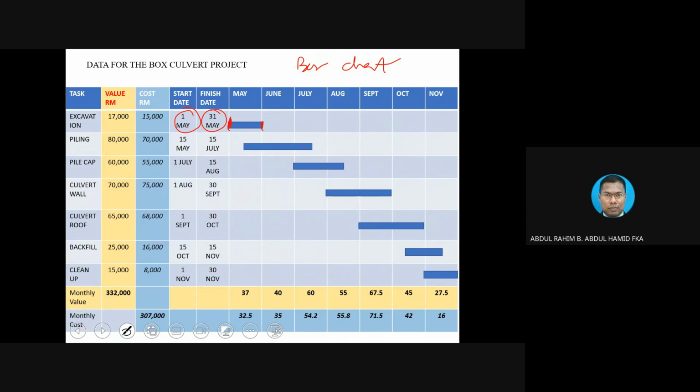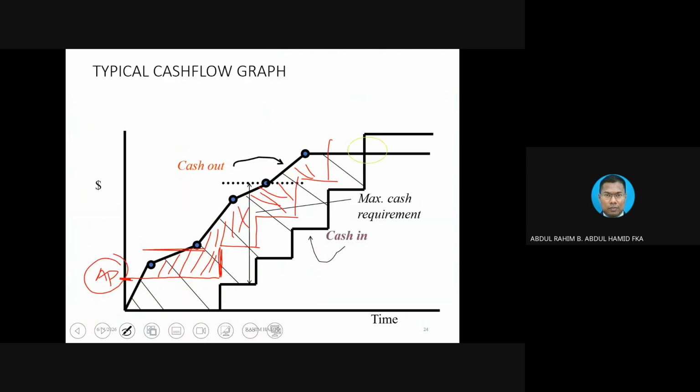First thing first, in order to construct the whole project cash flow calculation, remember the graph that we want: cash out and cash in. Only two graphs at the end of the calculation. So that's why we are going to start with something, either cost or value.